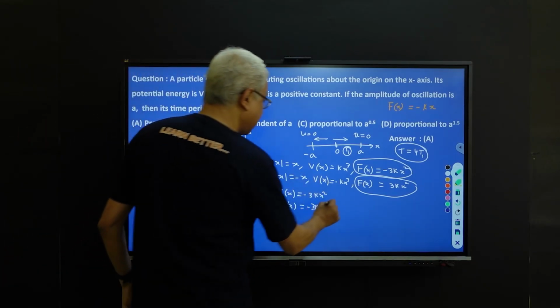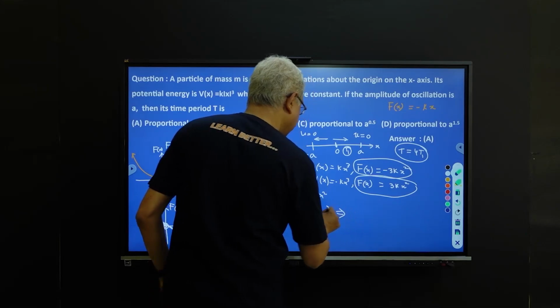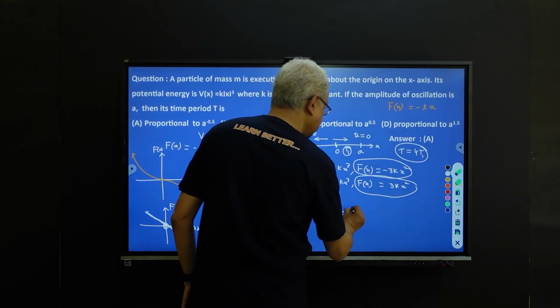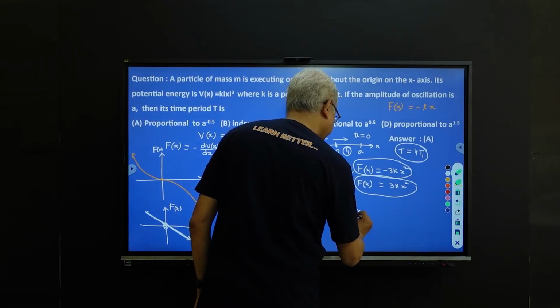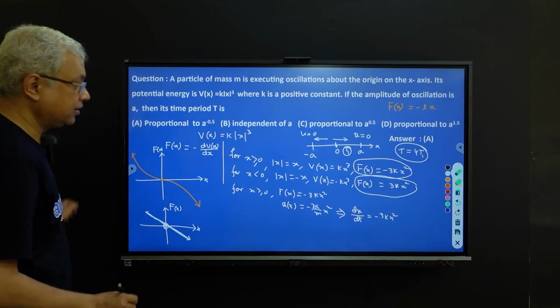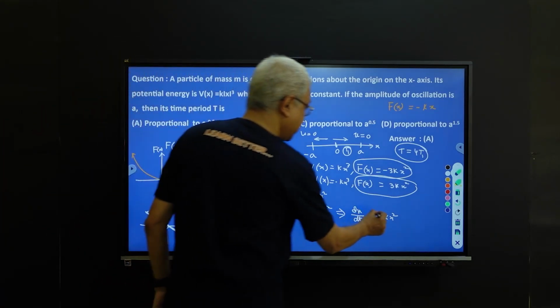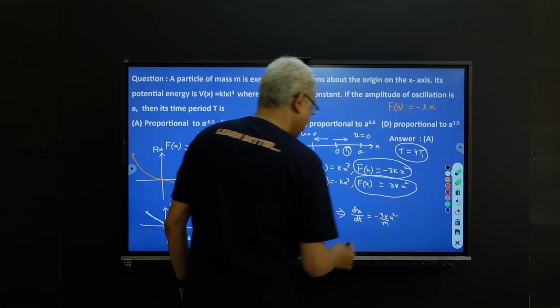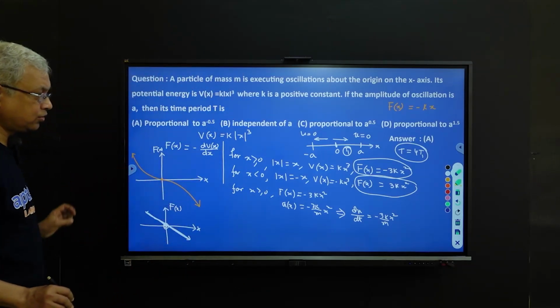Okay, so acceleration is what? Rate of change of velocity. So I write it du/dt equal to minus 3k x square by m, obviously. Up to this there is no doubt.